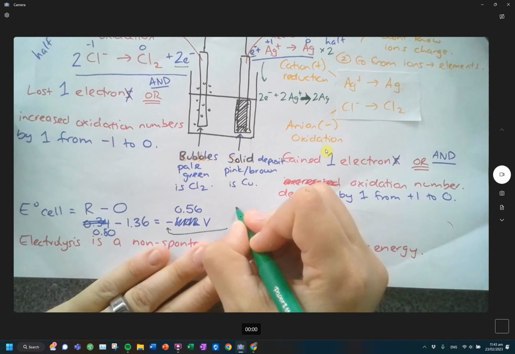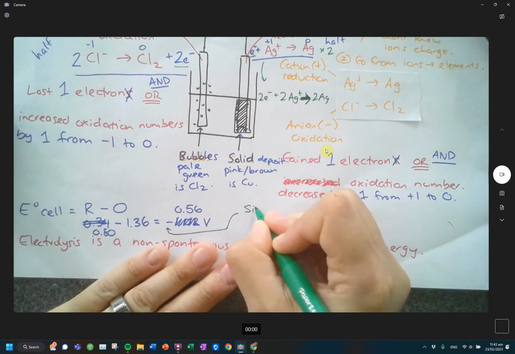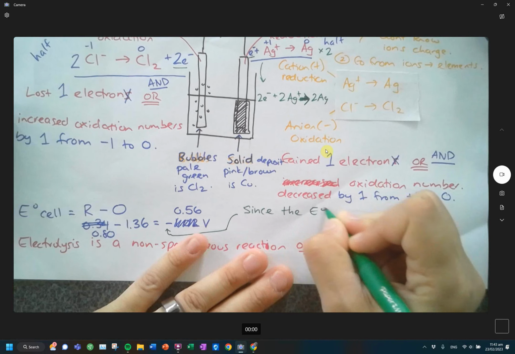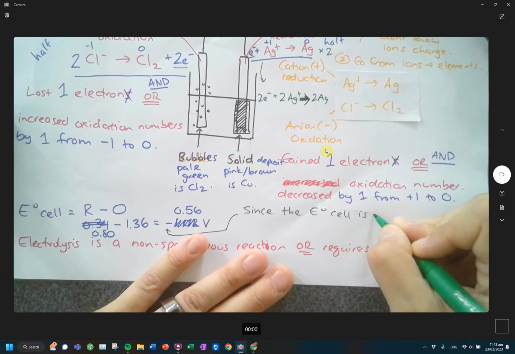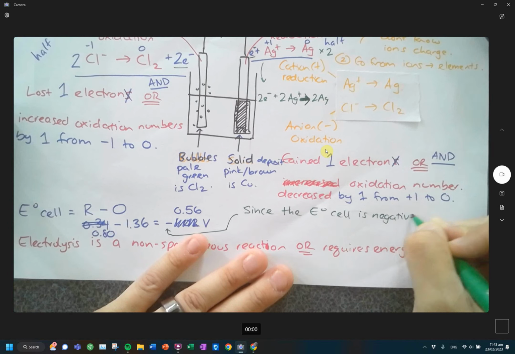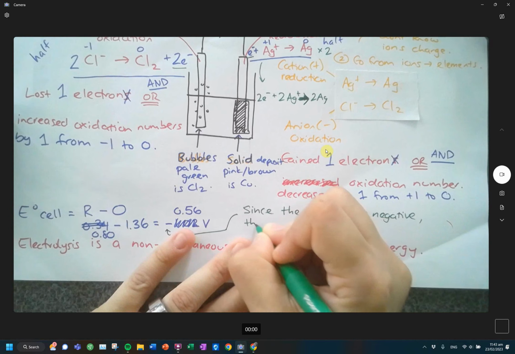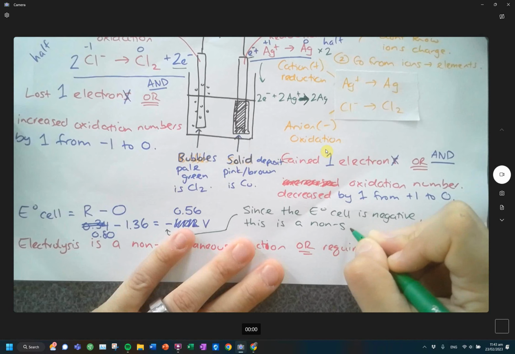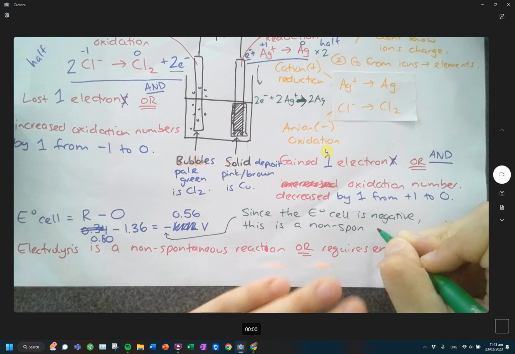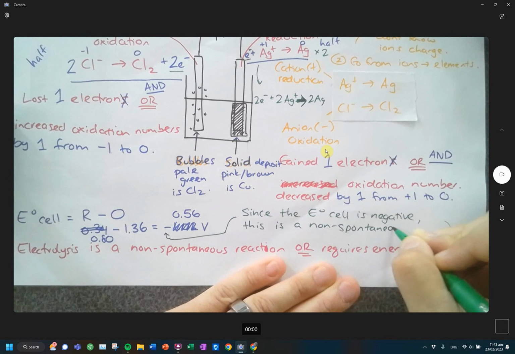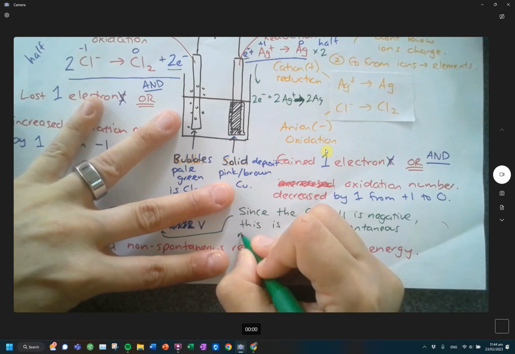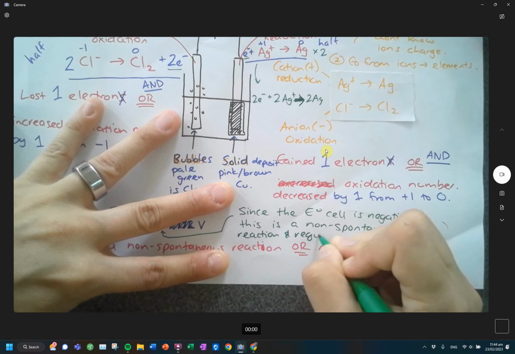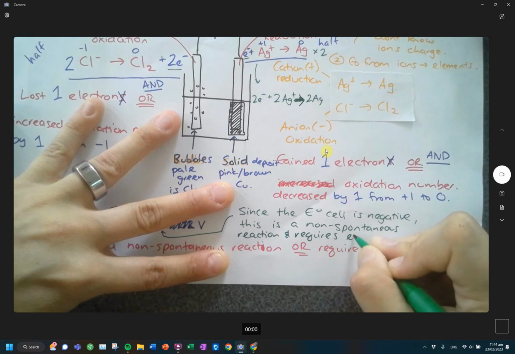So, since the E-cell is negative, this is a non-spontaneous reaction and requires energy.